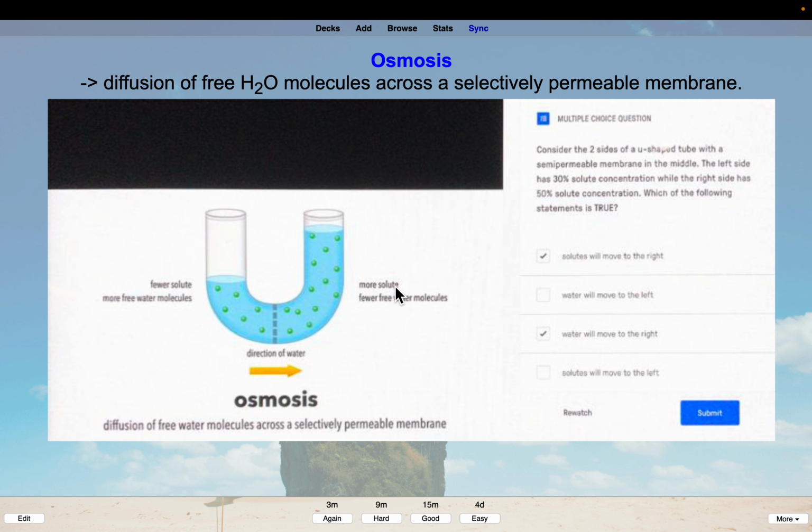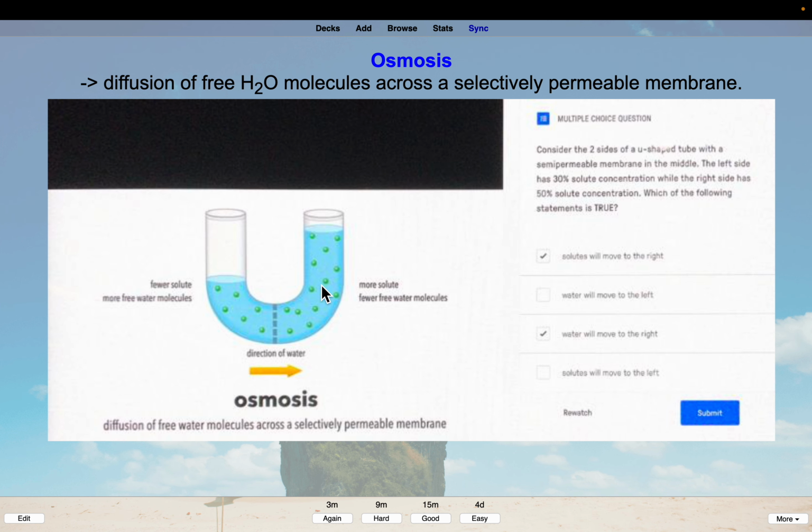In the other side, where there is more solute, there are less free water molecules. How do I explain this in a better way? So the tendency is where there is more solute, that's where water goes. So here you can see that there's a higher water level here on the right side.